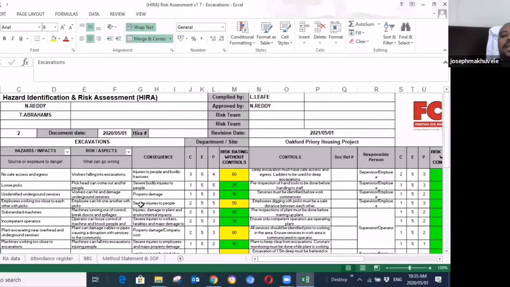It was the first time this happened. So now I would like us to discuss the effect of frequency. If it could happen in 30 years' time, but the severity is quite high, then what is the effect of the frequency in a risk assessment?